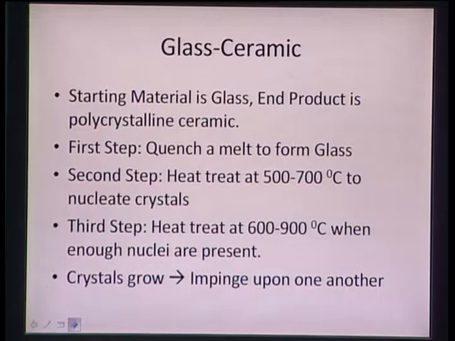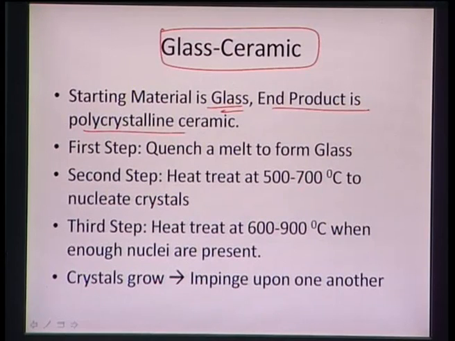And also we can see that there can be some formation of glass ceramic. So this type of material can form once we have an initial material which is glassy, but the end product which comes out is more or less a ceramic phase. So how we can produce that particular structure is that in the first step we make a total melt. It means we make it glassy.